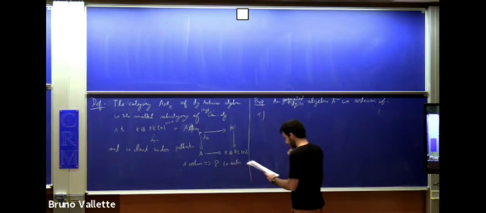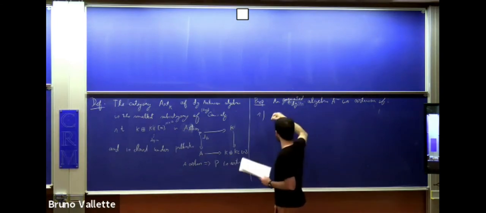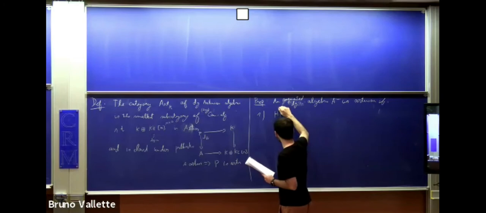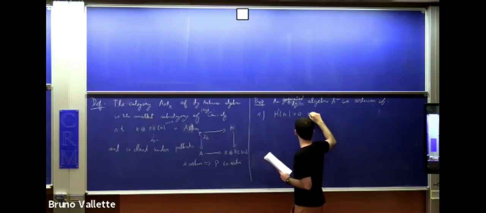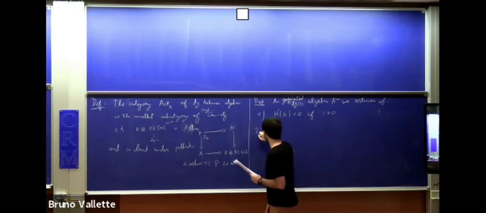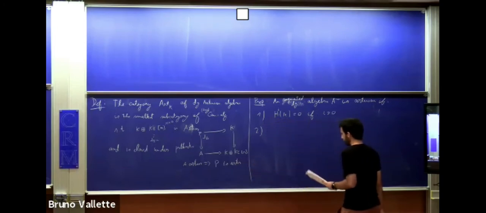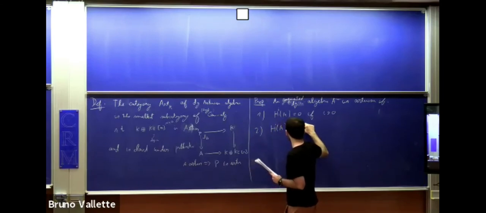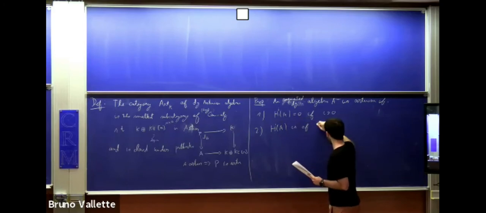One, its homology is concentrated in non-positive degrees. Two, the total cohomology is of finite dimension.